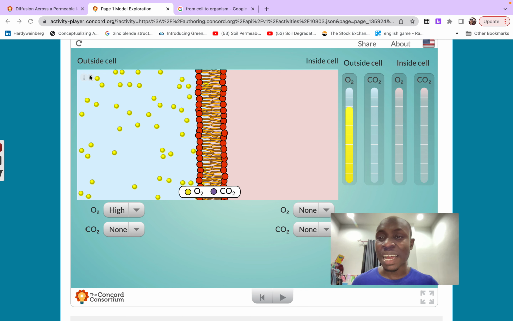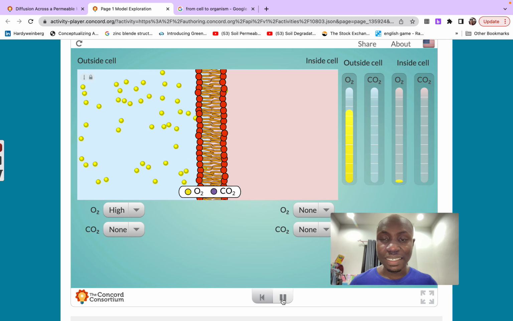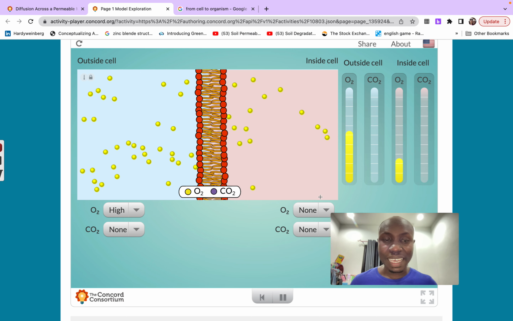So here outside the cell we have a lot of oxygen molecules. The yellow circles are oxygen molecules and they're very high concentration. Inside the cell there is low concentration, no oxygen, so it's 0. When I click play, I want you to watch what happens. Oh, what do we see?